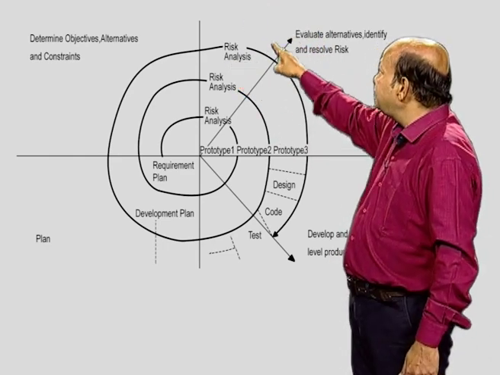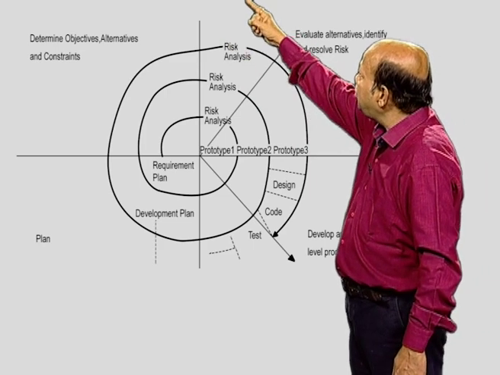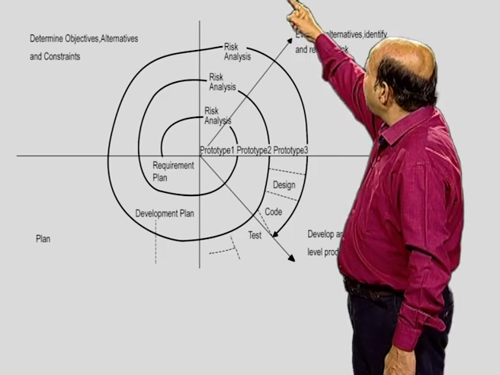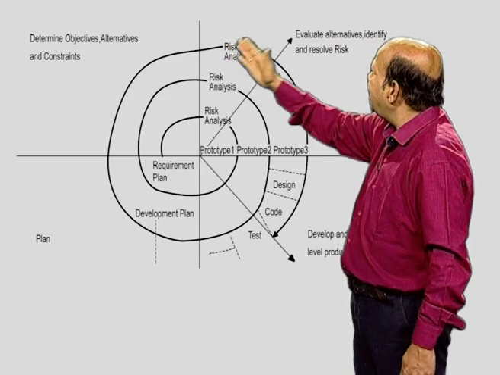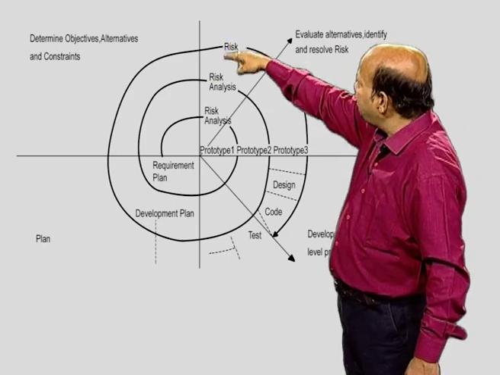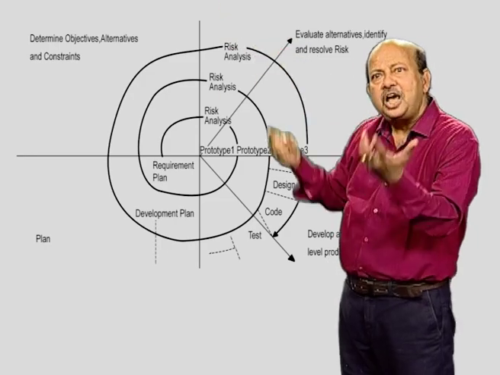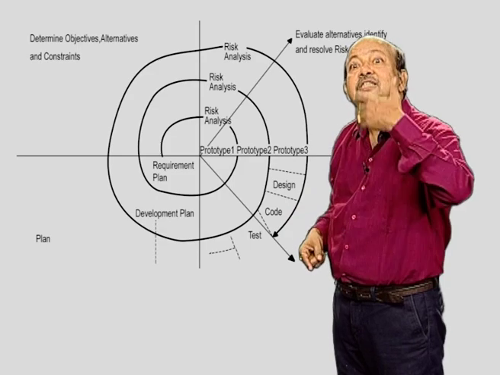If you see this model, it is a spiral, with a lot of prototypes: prototype 1, prototype 2, prototype 3, prototype 4, then the actual product, the operational product. And risk is reduced at every step, because at every spiral of the model the product is designed, people start using it, and then they say whether risk is reduced or there is more risk.